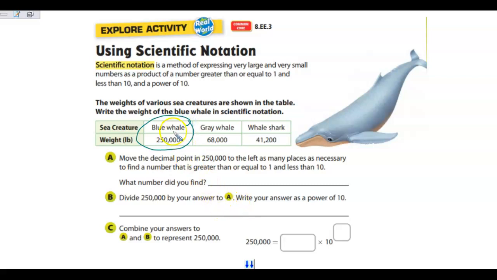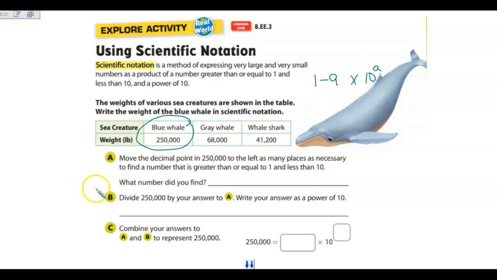A blue whale weighs 250,000 pounds, and we want to write it in scientific notation. It says it's a number greater than or equal to 1 and less than 10. So that means we can use any number between 1 and 9, and then a power of 10. So times 10 to whatever power we need it to be.